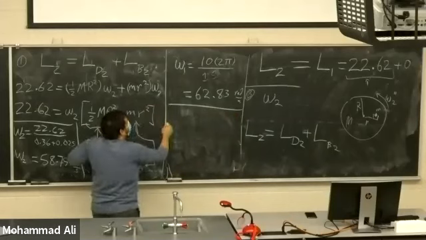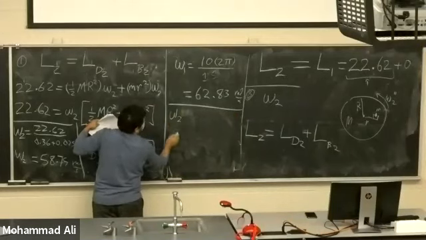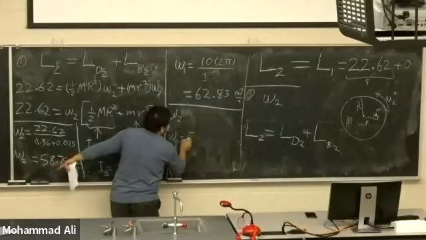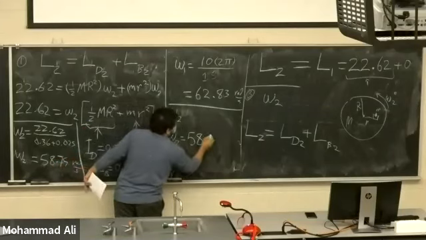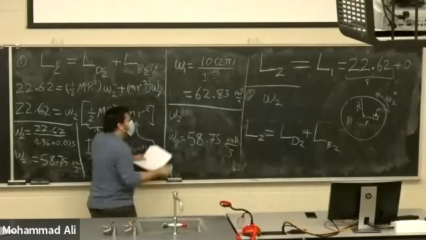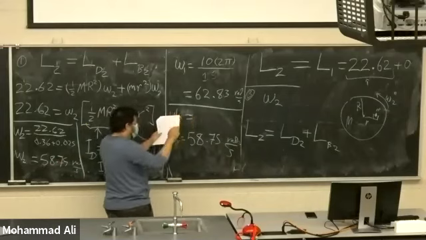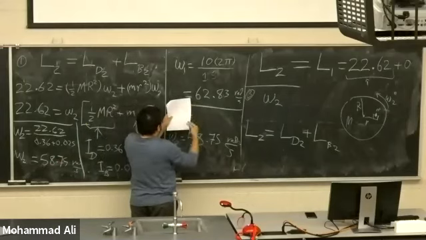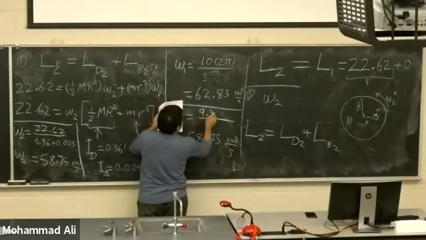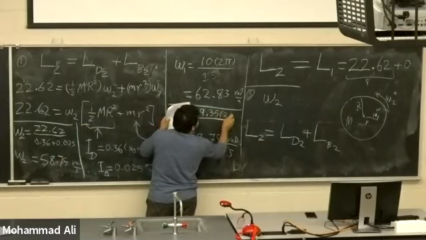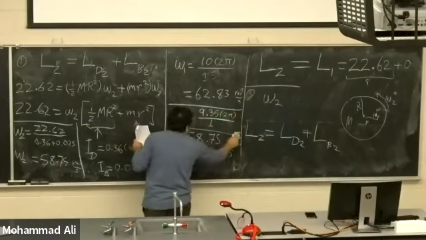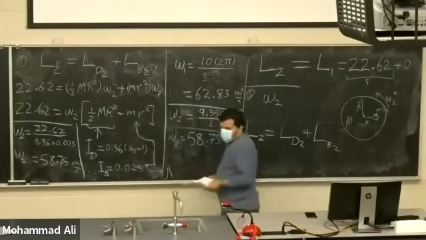We have now omega 2 equal to this number, 58.75 radians per second. This will be equal to what? 9.35 rotations per second, dividing by 2 pi. What can you comment about this?